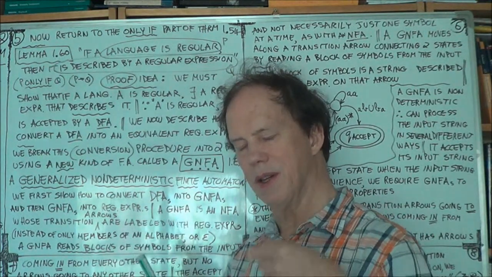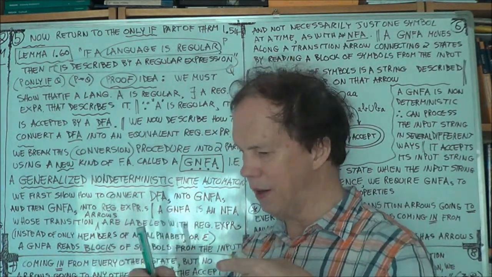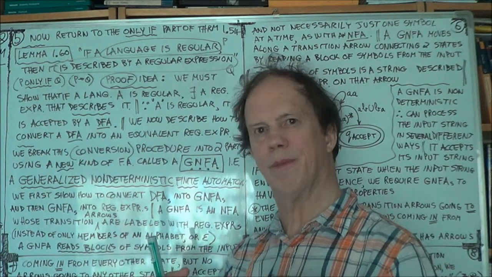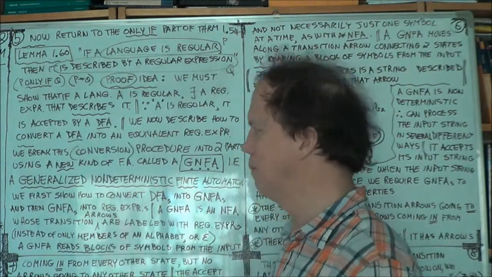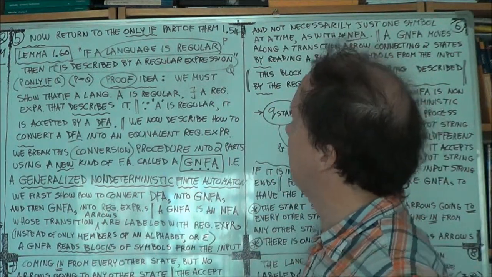It's the same language, so the machine, the automaton, and the regular expression should be equivalent. Your intuition says that if you're talking about the same language, as I've said before.